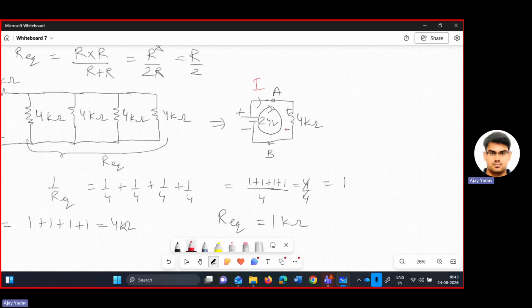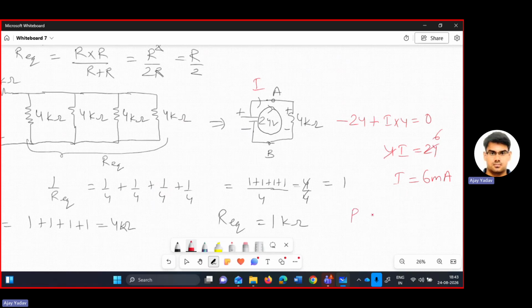If I apply Kirchhoff voltage law in this closed loop path, it will be minus 24 volt plus I into 4 equal to 0. So 4I is equal to 24, so I is 6 milliampere. In this manner, we can calculate the current in the circuit, that is 6 milliampere.